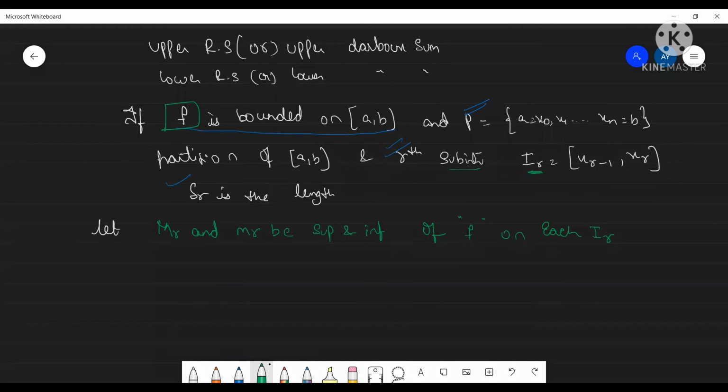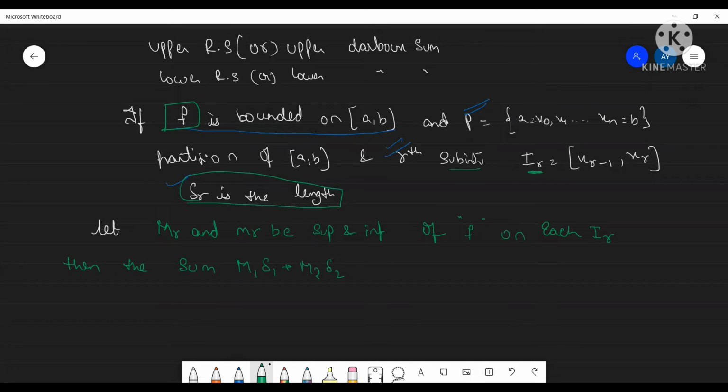Then the sum: capital M1 into delta 1 plus capital M2 into delta 2, and so on. What are the deltas? Delta is the length of the interval.